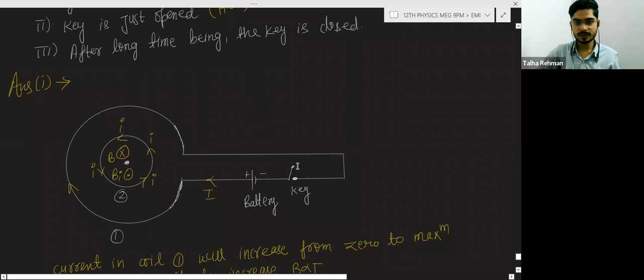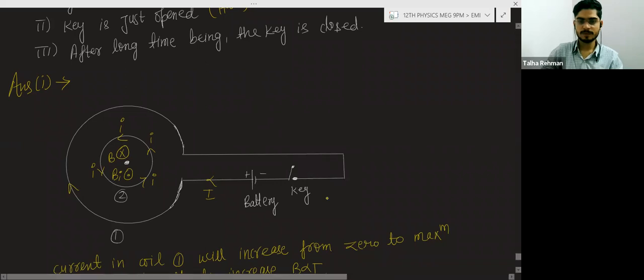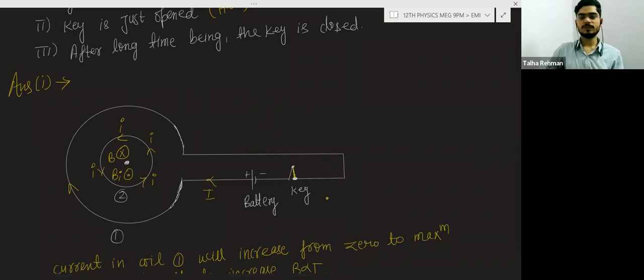Now this time the key is closed. Just connect this key. Second part you will solve by yourself.